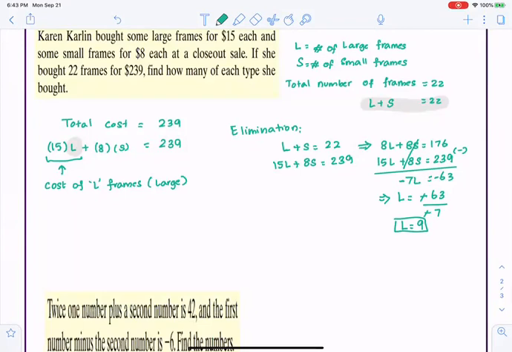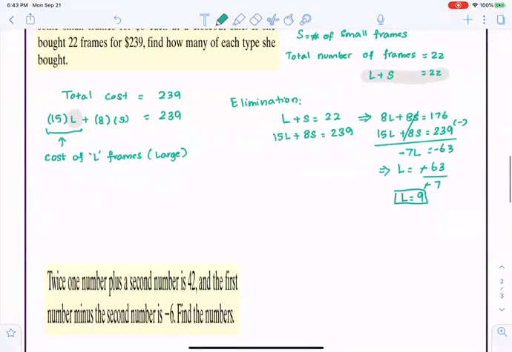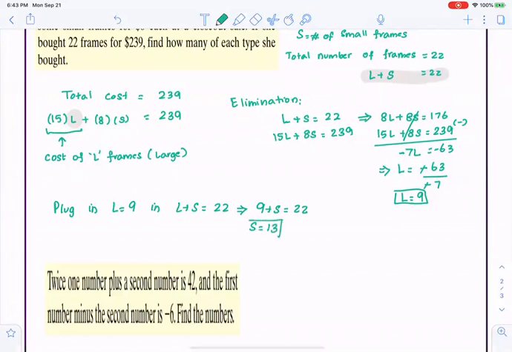Now that we have one of the variables, we can take that and plug it in one of the two equations. I'm going to go for the easy one, which is L plus S equals 22. So plug in L equals 9 in L plus S equals 22, which would mean 9 plus S is 22, and S would be 22 minus 9, which is simply 13.